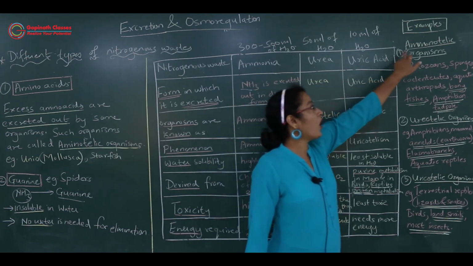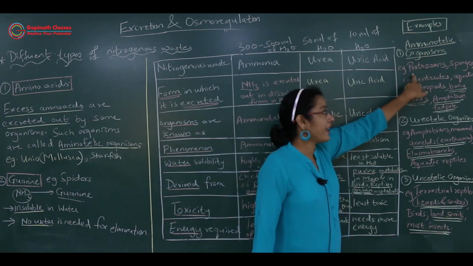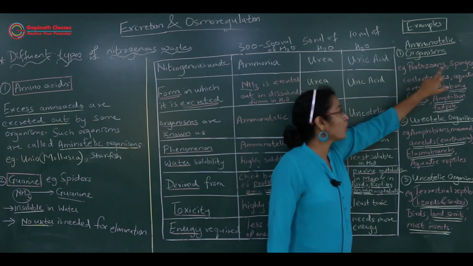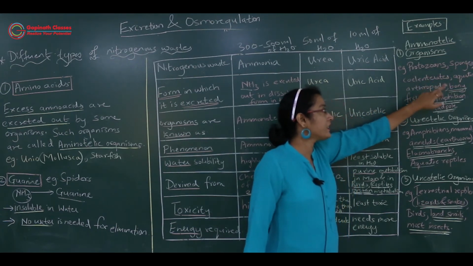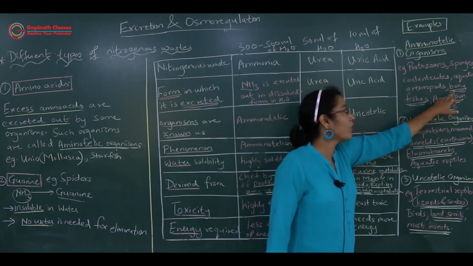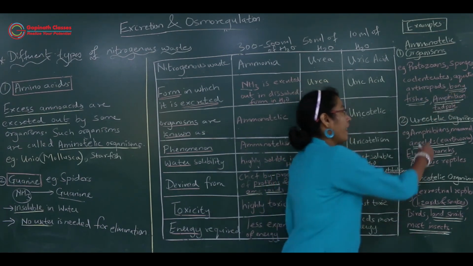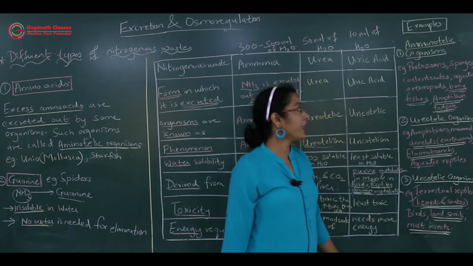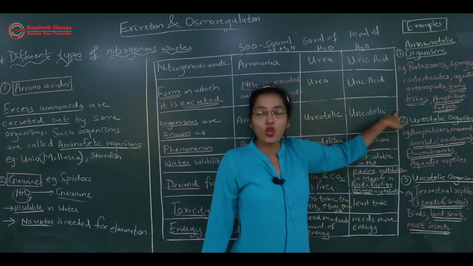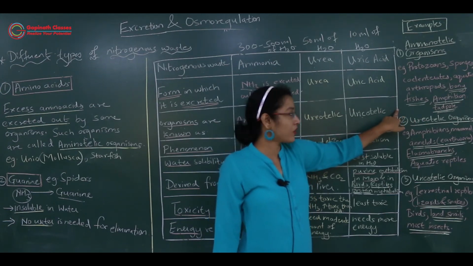Got it? So अमोनोटेलिक ऑर्गेनिजम्स में एग्जाम्पल कौन सा है? प्रोटोजोन्स, स्पॉन्जेस, सिलेंटरेट्स, aquatic arthropods, bony fishes and amphibian tadpole. Okay, so all these are the examples of ammonotelic organisms.